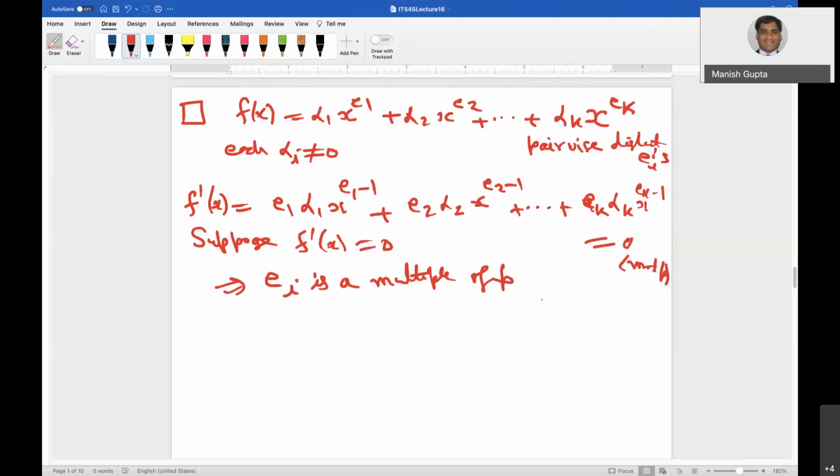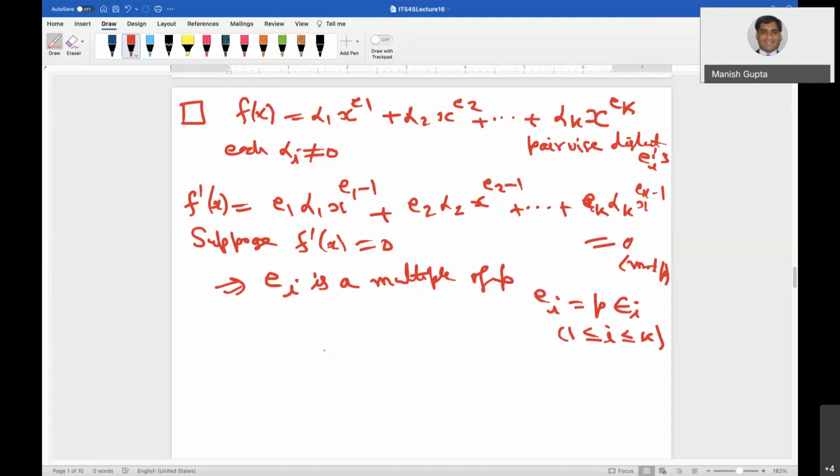Alpha i is not equal to 0. That means we have ei can be written as p times epsilon i for 1 less than or equal to i less than or equal to k. For each i, ei can be written as a multiple of p, for some epsilon i.